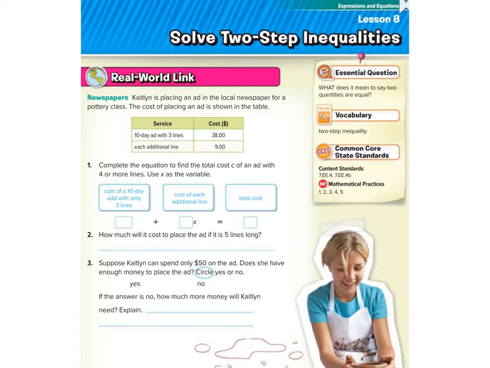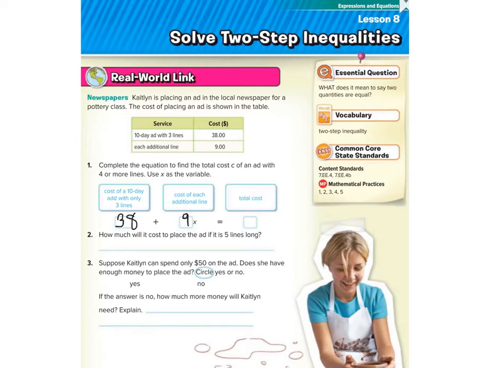Okay, cost for a 10-day ad with only 3 lines. That's $38, so we just know that cost up front. Plus, it would be $9 for each additional line. So then we'd have to figure out what that is.